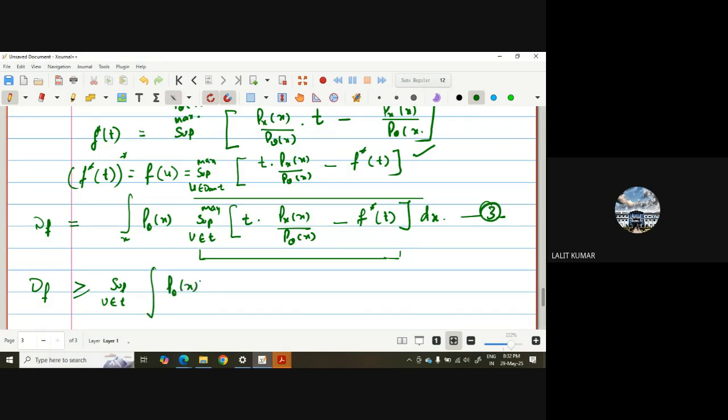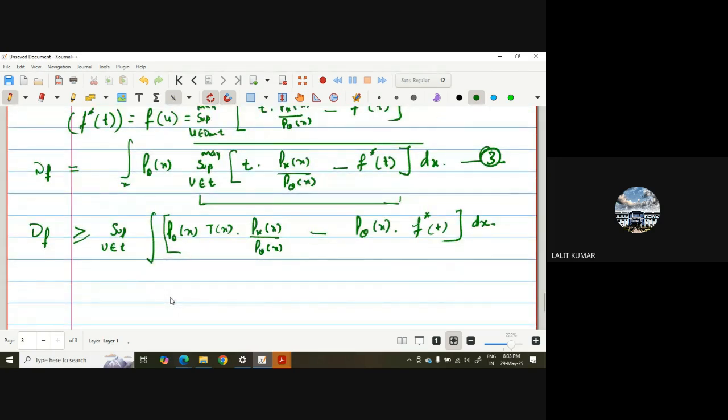Now you open this, and this t becomes t of x, and this will become p(x) times t(x) minus p theta of x into f star of t, and whole of dx. And this will also become t(x).